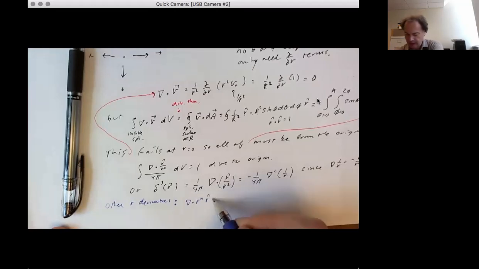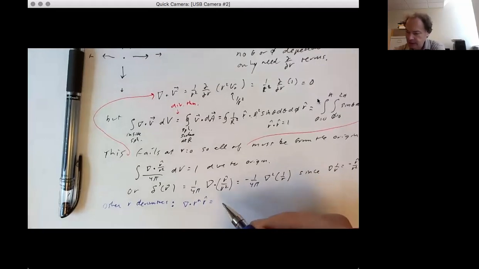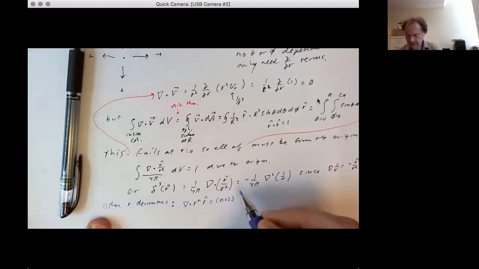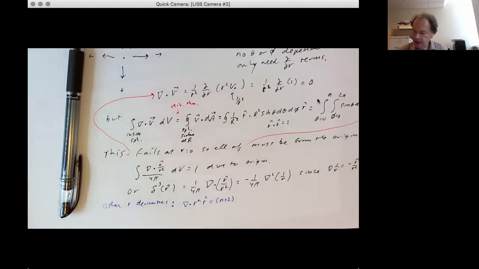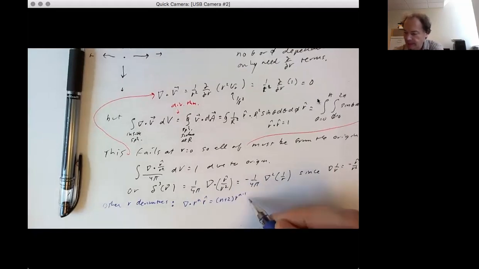You get it to be n plus 2 times r to the n minus 1, except for n equal to minus 2, in which case you get the delta function.